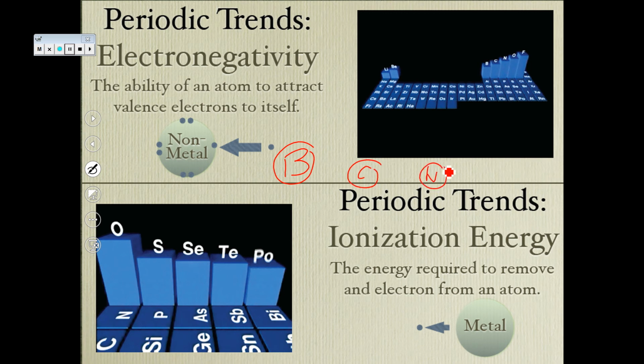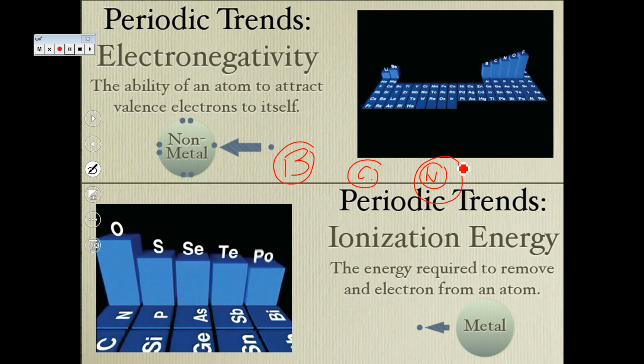So these atoms are getting smaller. The atomic radius is getting smaller. The reason that they're smaller is because there is a greater attraction between the protons and electrons. So which one of these, boron, carbon, or nitrogen, do you think has a stronger ability to attract an electron towards itself? The correct answer is nitrogen.